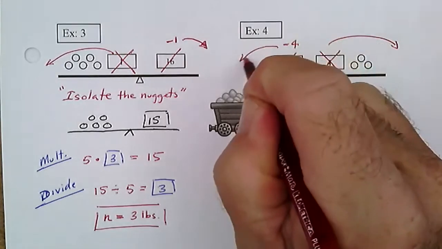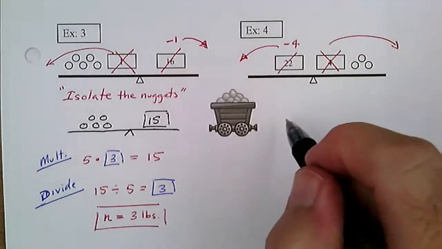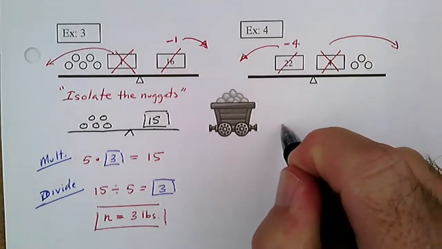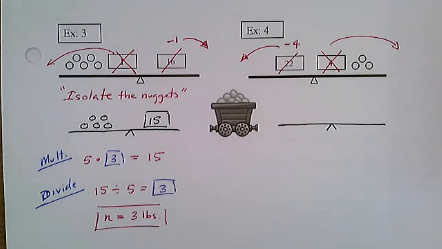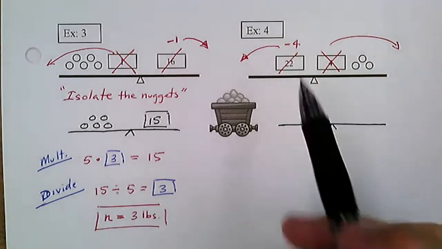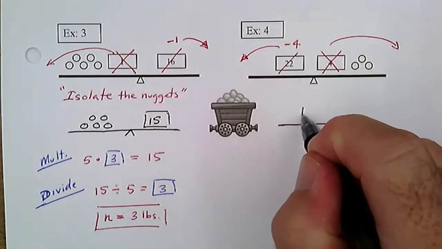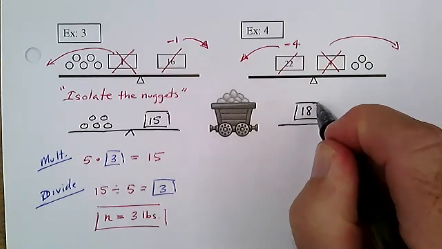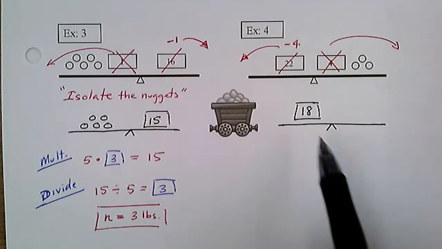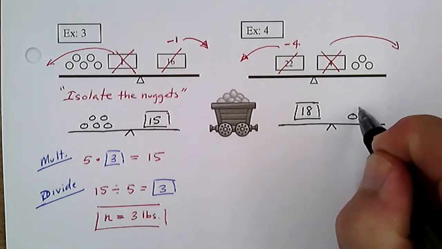So I'm going to take that off. And now I'm going to redraw the problem because it's a little messy. So when I redraw the problem, if I had 22 and I took 4 off, that's going to leave me with 22 minus 4 is 18. So I have 18 pounds here, and then I still have 3 nuggets.